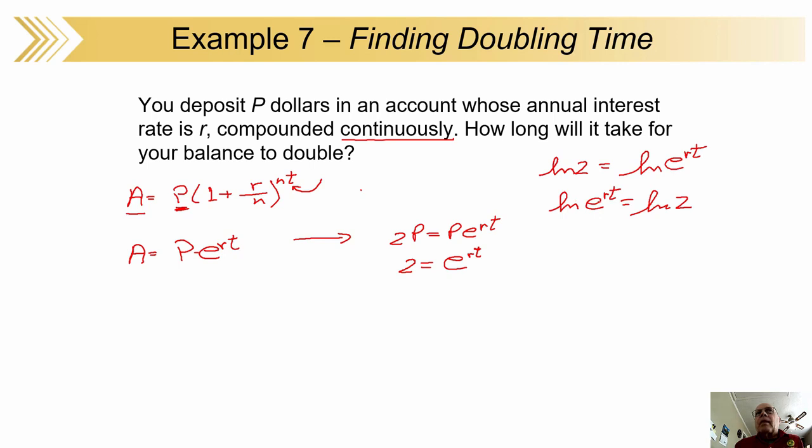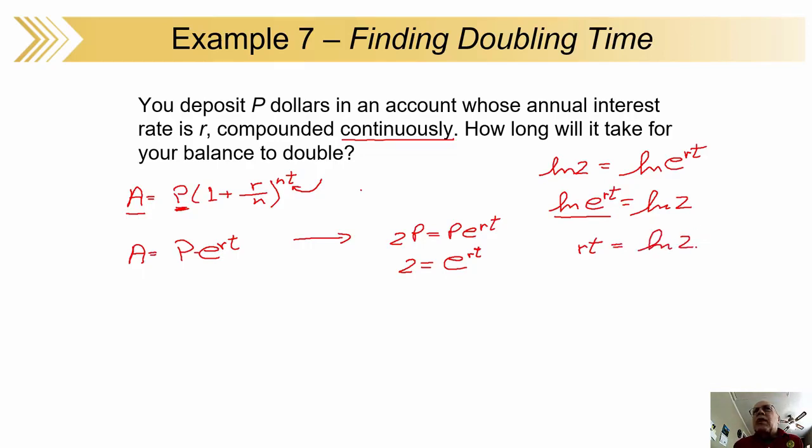Next, I've got the natural logarithm of e to the RT. Wait, didn't I just see this a minute ago? Natural logarithm and e to a power are inverse operations. So when I do this, I'm going to end up with RT all over again. And that's equal to the natural logarithm of 2.